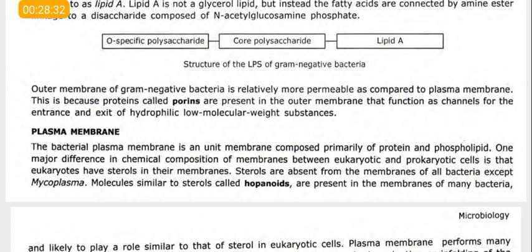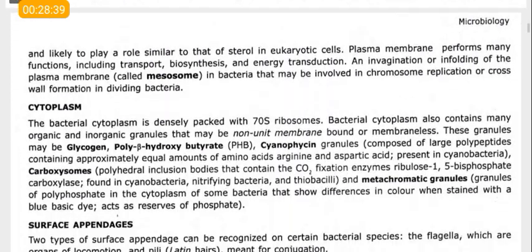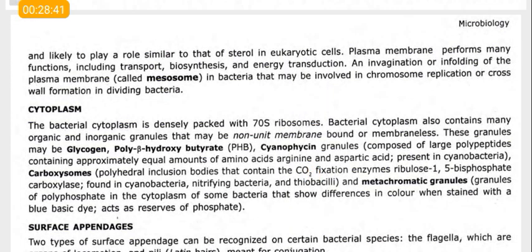Molecules similar to sterols called hopanoids are present in the membranes of many bacteria and are likely to play a role similar to that of sterol in eukaryotic cells. The plasma membrane performs many functions including transport, biosynthesis and energy transduction, and invagination or enfolding of the plasma membrane called mesosome in bacteria may be involved in chromosome replication or cross-wall formation in dividing bacteria.